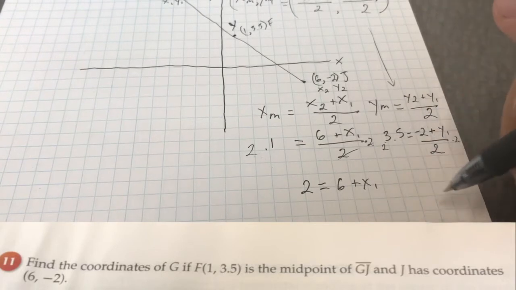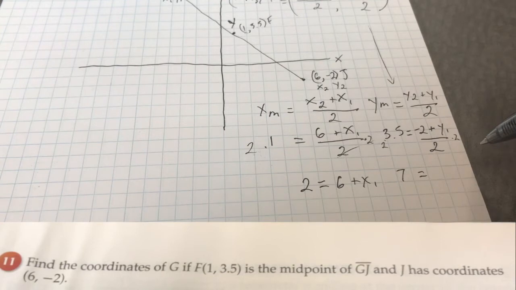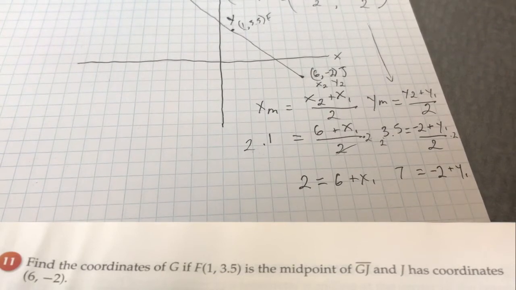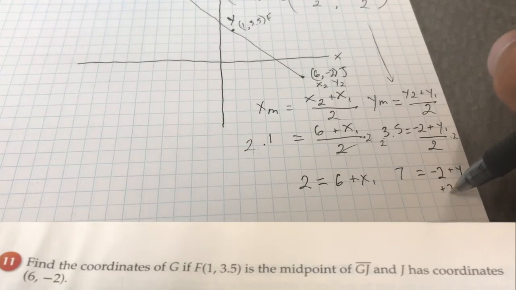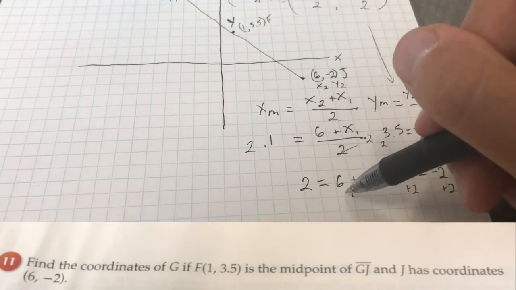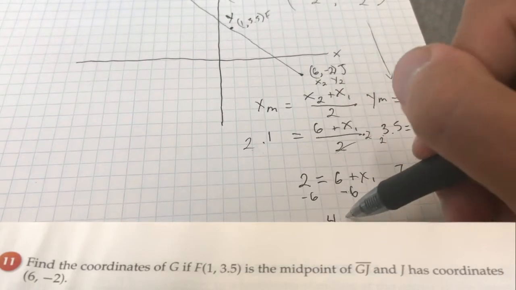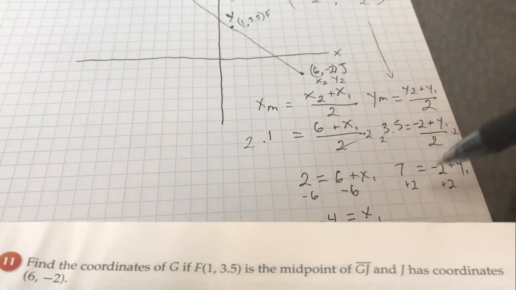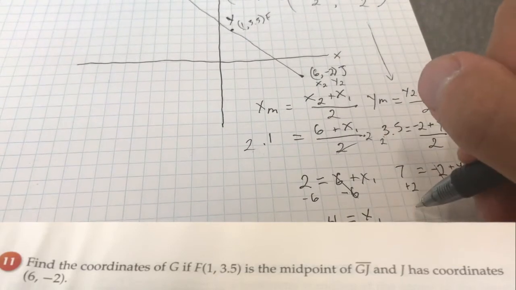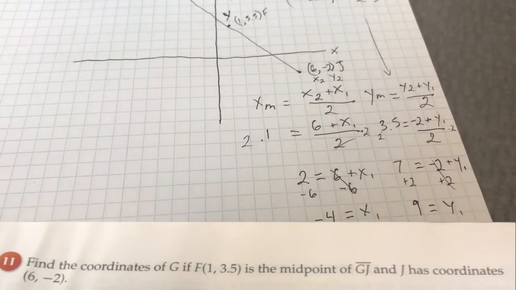And over here, 3.5 times 2 is 7, equals -2 plus y1. Now on this side, we're going to add 2 to both sides. Here we're going to subtract 6 from both sides. We end up with -4 equals x1, and we're going to get 9 equals y1. So let's check.